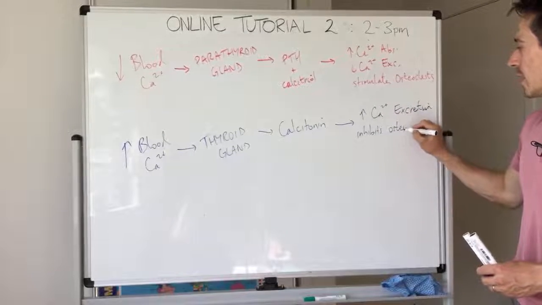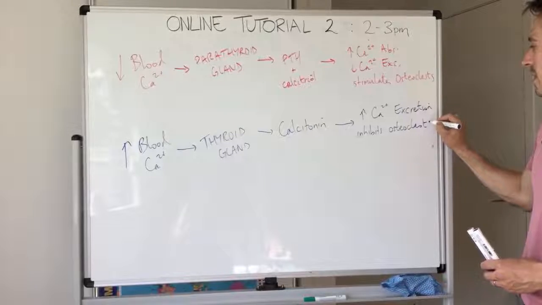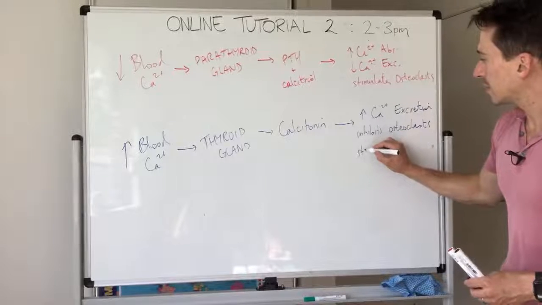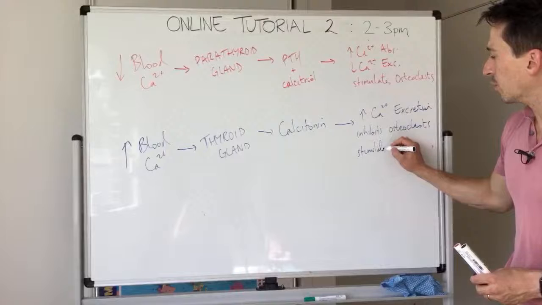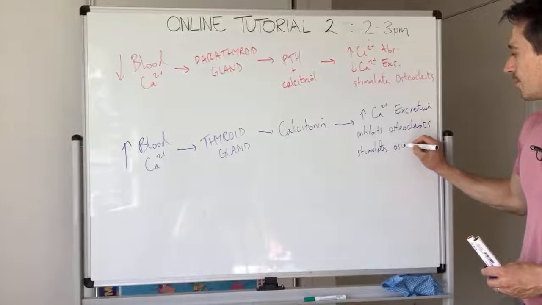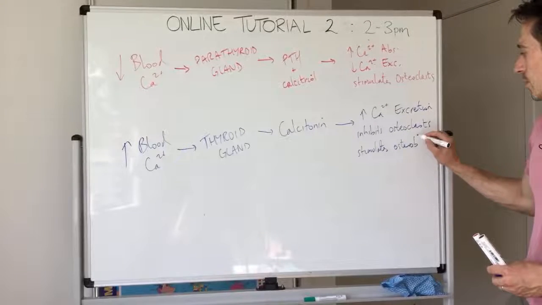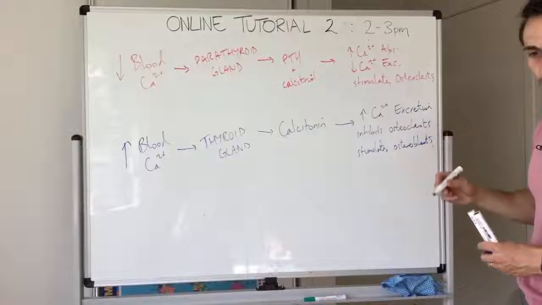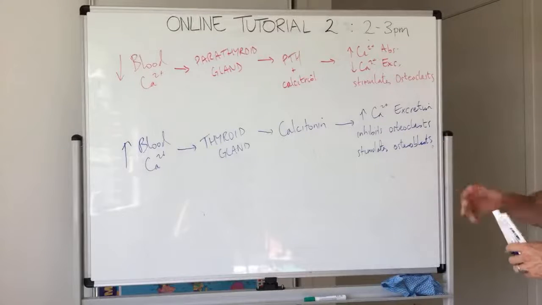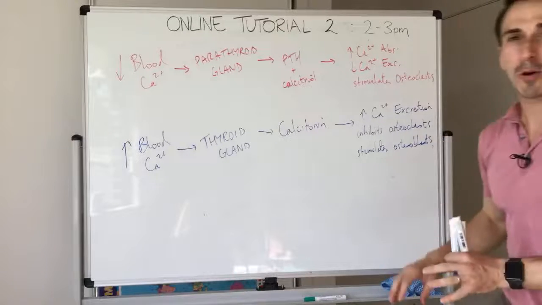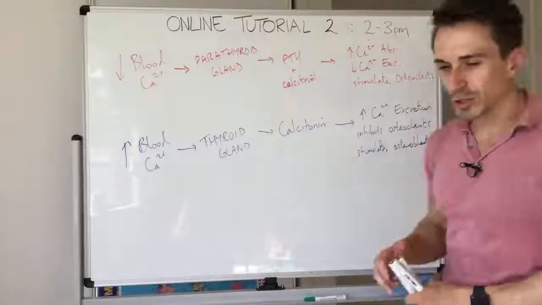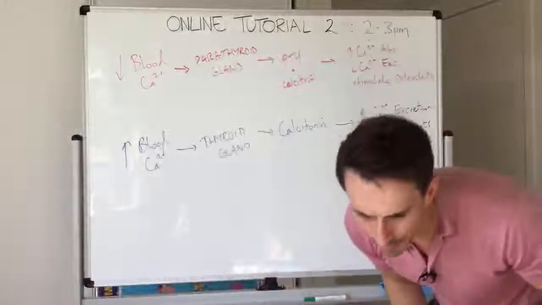We don't want to break bone down. We want to keep the calcium in there, but stimulates osteoblasts to build bone up. So hopefully that makes sense. This is calcium homeostasis. So if you have any questions, please feel free to let me know.